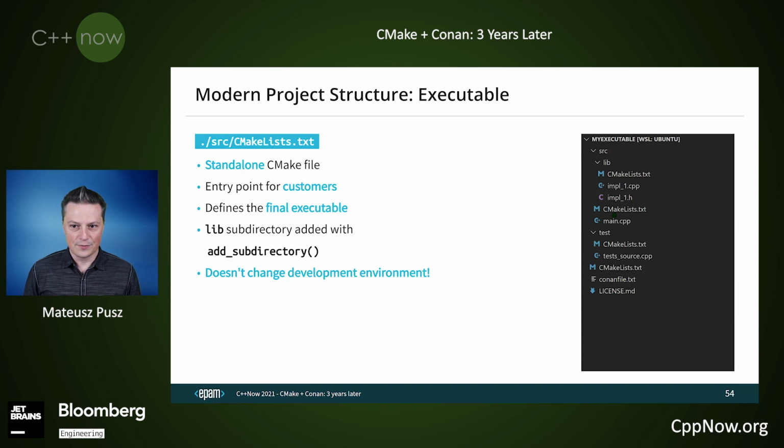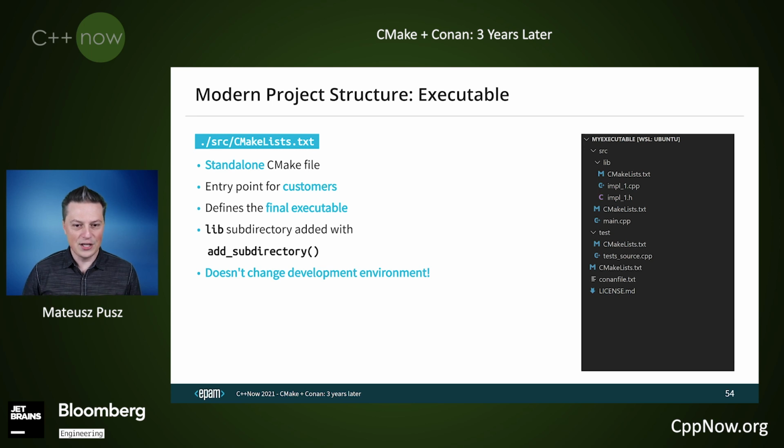The other CMakeLists in the source directory is a standalone CMake file, but by standalone I mean that it can be called from the command line by the user. It's the entry point for customers. If I'm a customer, I want this executable, and I don't care about development flags, I don't want to run unit tests, create documentation or whatever, I'm going to this file and do configuration and building step directly on this file.